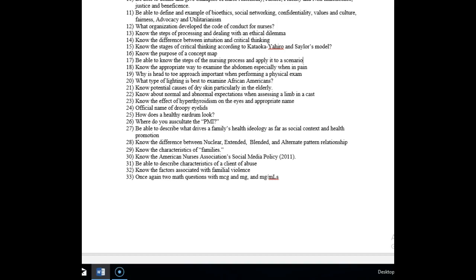So I want y'all to work on these terminologies like strabismus and diplopia and exophthalmos and ptosis and ectropion and entropion, and you can look it up.